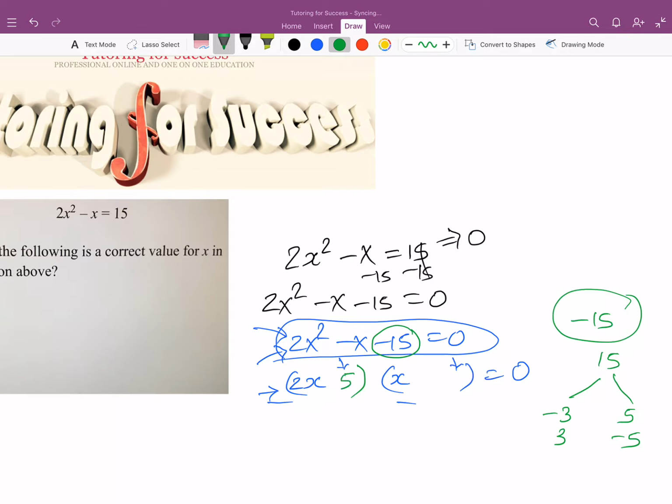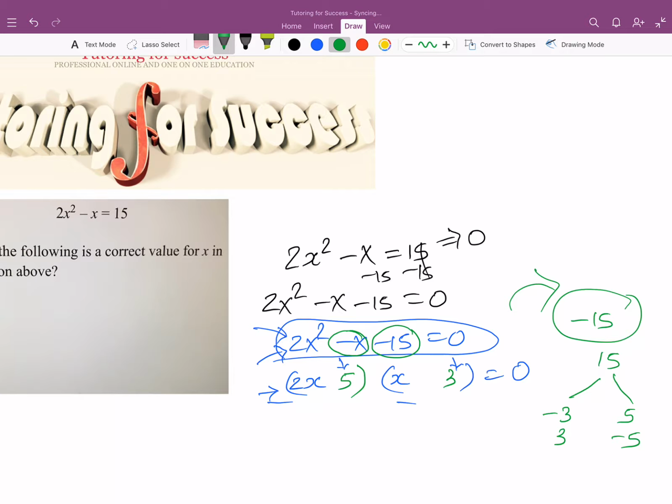So let's put 5 here and 3 here, and then we need to fix the signs. When these numbers 5 and 3 add or subtract, I need to get negative 1, because there is a negative 1 in front of that x. And when they multiply, I need to get negative 15.